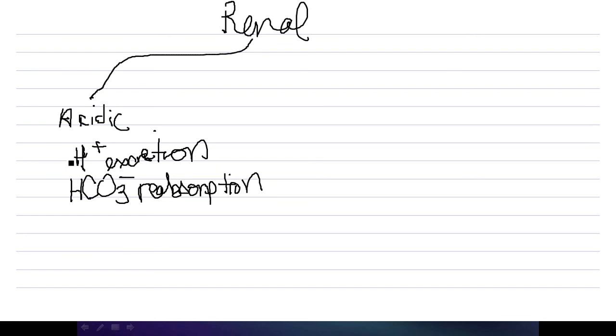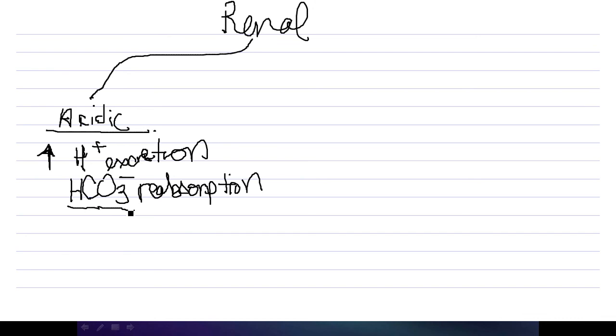So under an acidic situation, do you want our kidneys to excrete more hydrogen ions or less hydrogen ions? Well, since acidic situations have too many, hopefully you're saying we want to increase the excretion of hydrogen ions. Now let's think about bicarbonate. Does bicarbonate help us or hurt us if we are acidic?